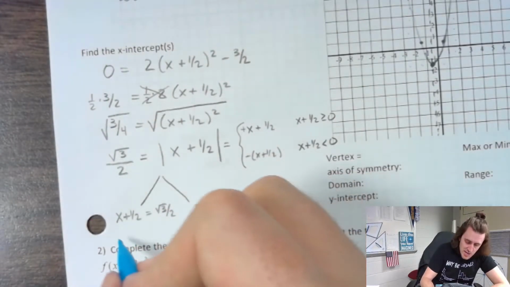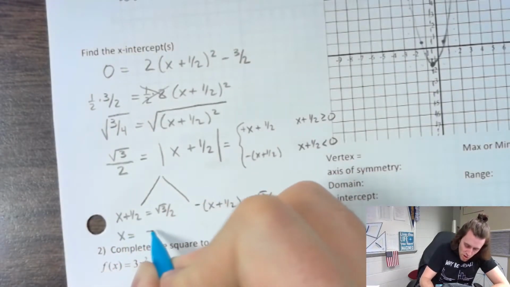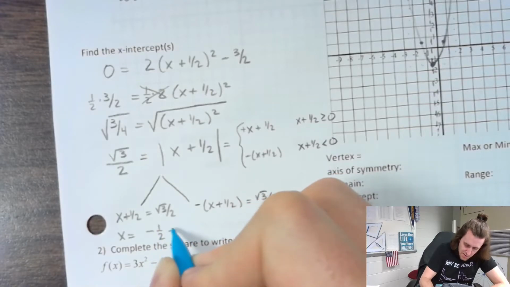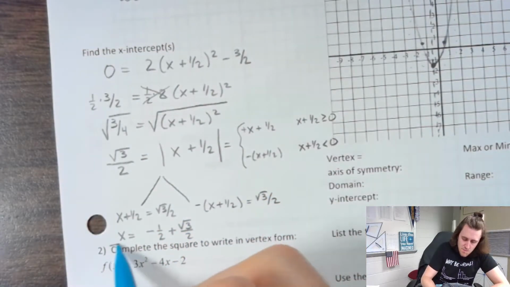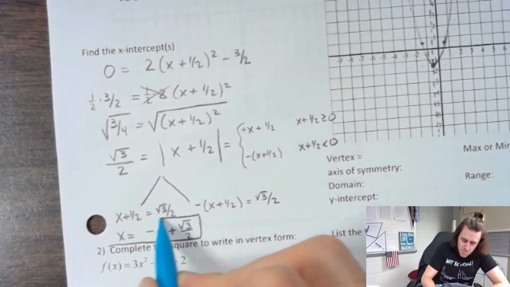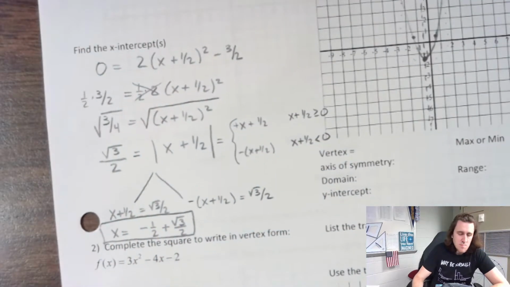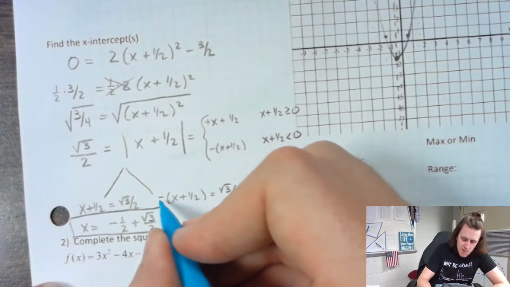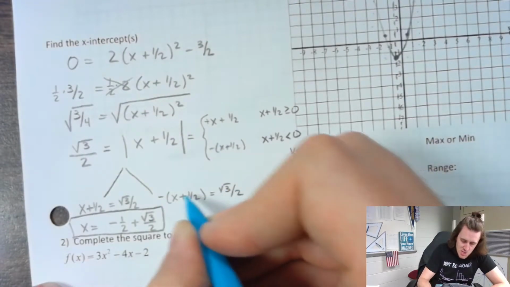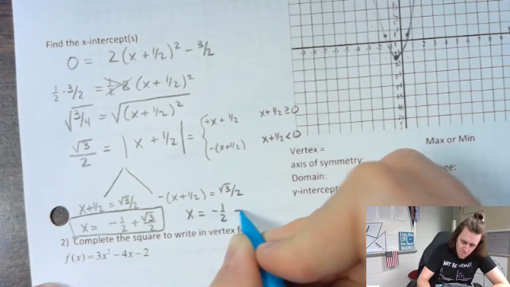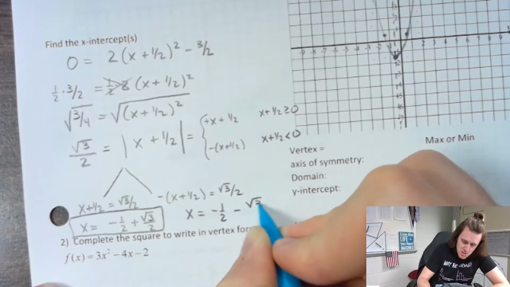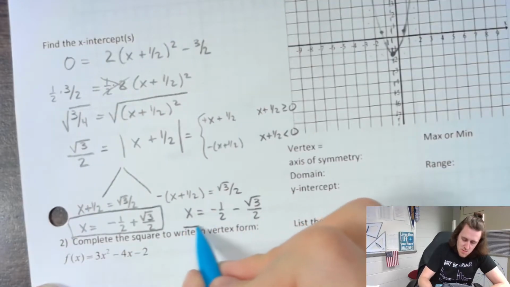So if we subtract a half, one of our answers is going to be negative a half plus the square root of 3 over 2. And then on the other set, if we divide by the negative and then subtract a half, we get negative a half minus the square root of 3 over 2.